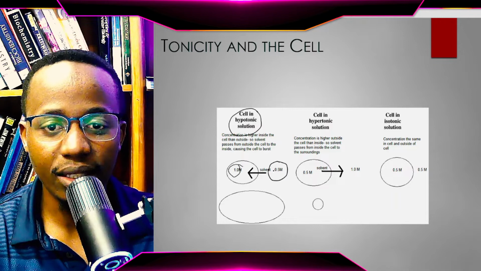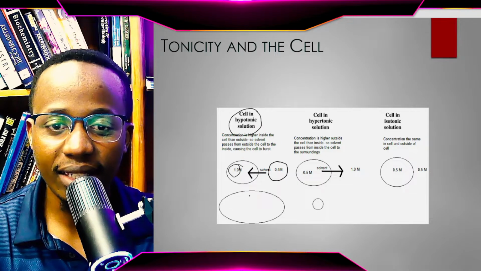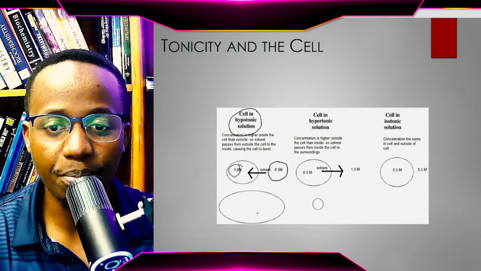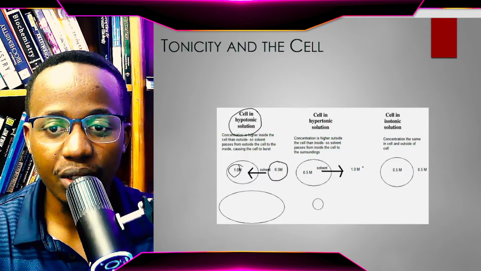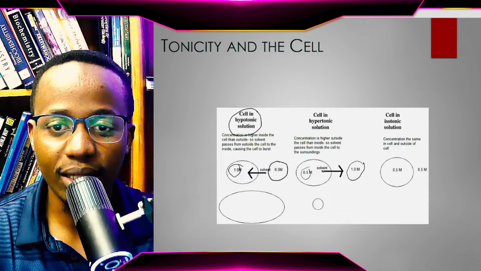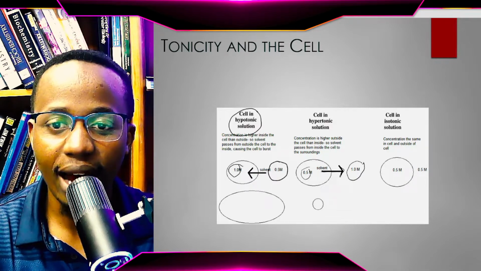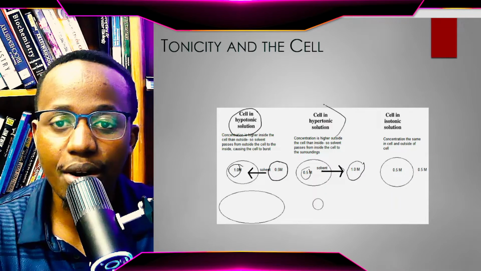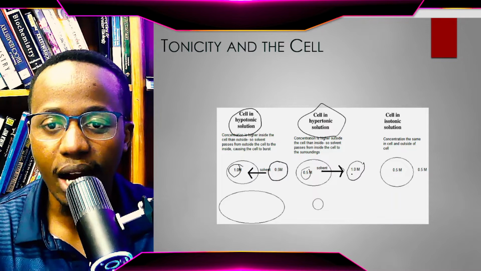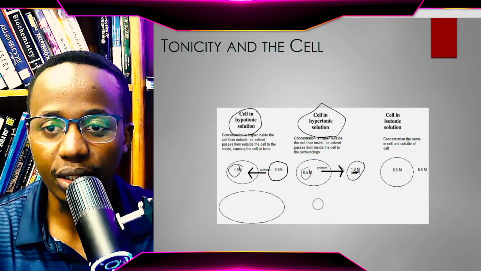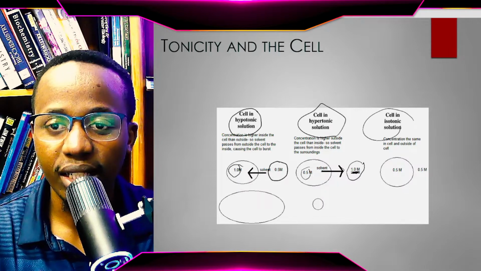And what happens is the solvent will go inside the cell and the cell is going to swell and eventually burst. If the concentration outside is higher than the concentration inside the cell, the solvent gets out. This is the osmosis and osmotic pressure, and you have a hypertonic solution. Hyper meaning we have high tonic solution, right? Isotonic solution is when you have the same concentration in and out.